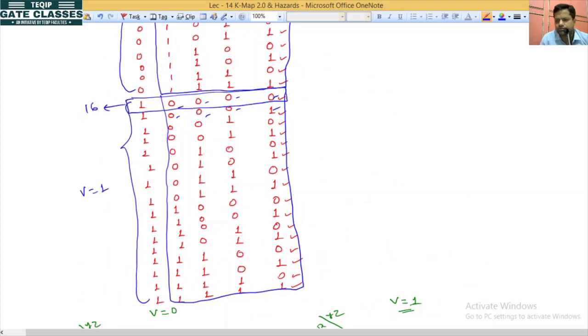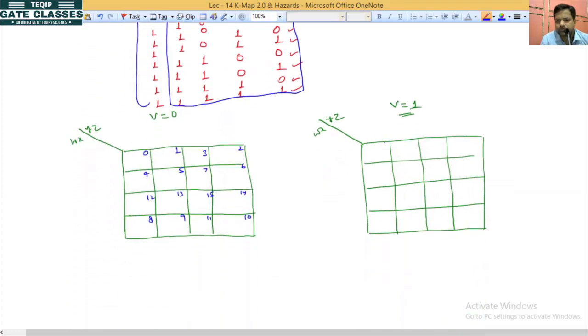In the second, v equal to 1 K map, we start from 16 17 18 19 20 21 22 23 24 25 26 27 28 29 30 31. This will be our 32 combinations from 0 to 31.